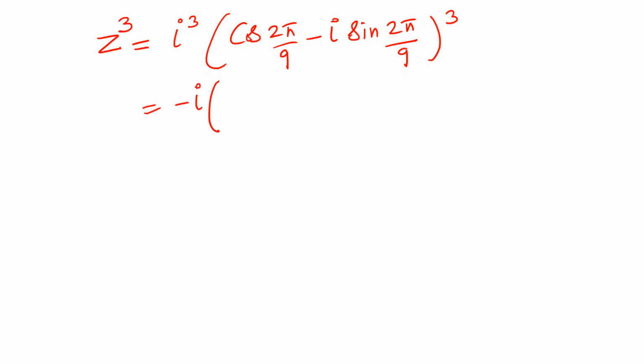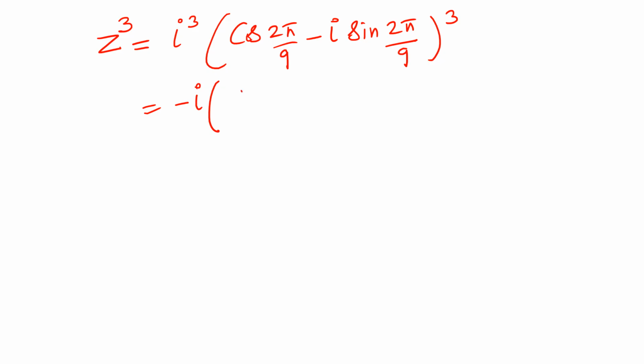Now students, to the term inside the bracket, you can either apply De Moivre's theorem directly, or if you want to write cos 2π/9 as cos of minus 2π/9 and minus sin 2π/9 as sin of minus 2π/9 and then apply De Moivre's theorem, that is your choice. Because in both the cases, the answer is going to be the same.